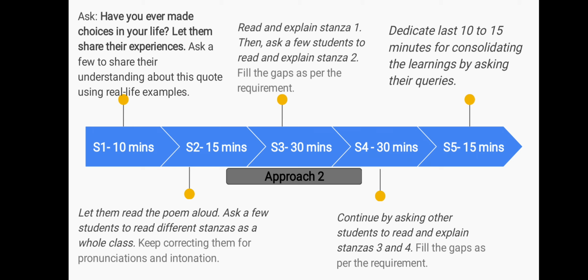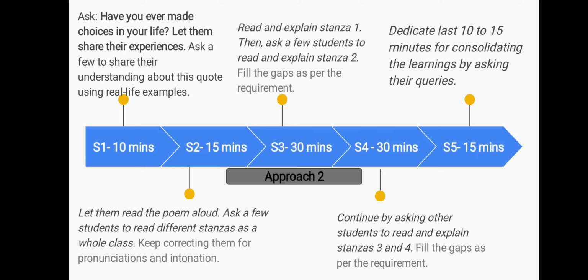The other way to start this particular chapter in your classroom is to ask the question, have you ever made choices in your life? Now, when you have asked this question, you also pause for a few seconds and let them share their experiences. If they are able to share, well and fine.